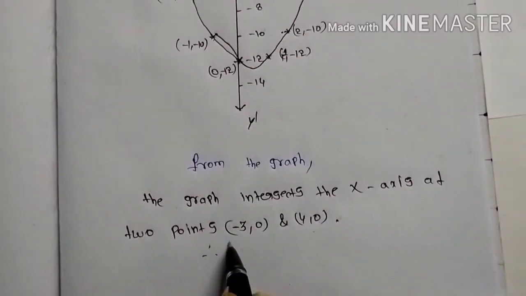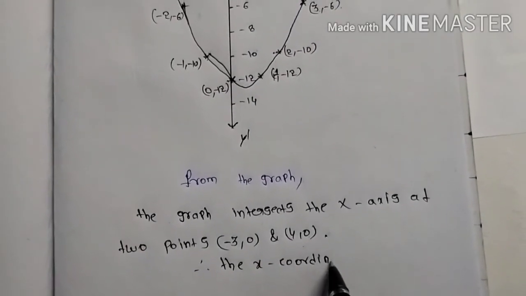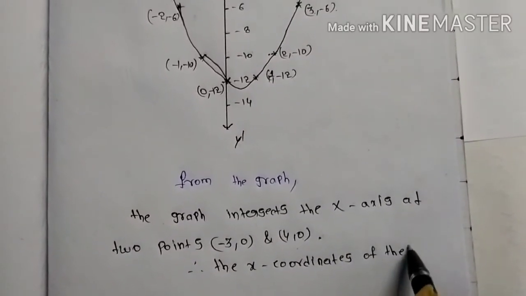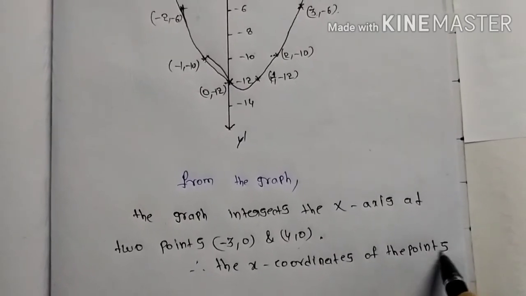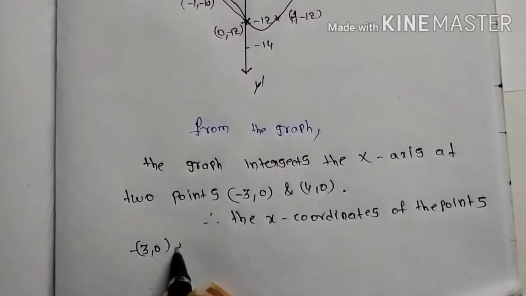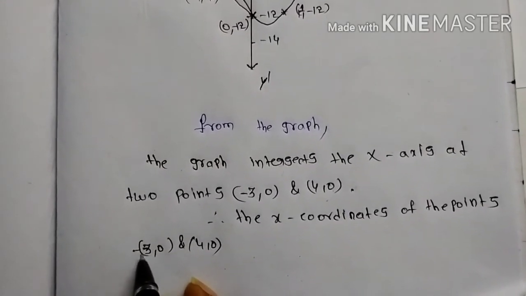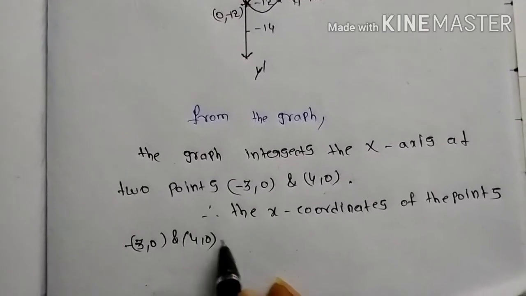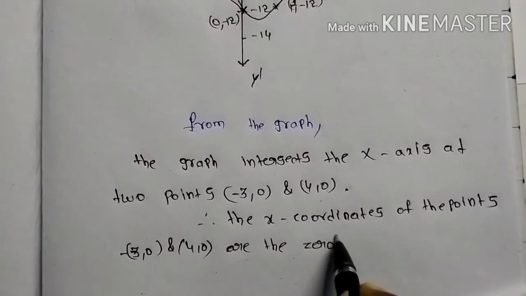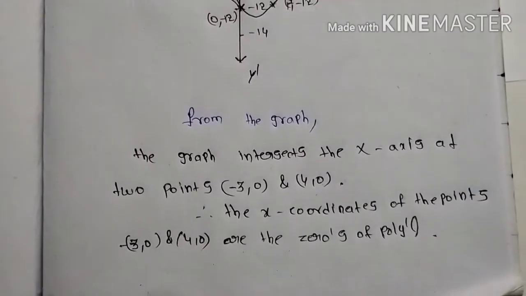Therefore, the x coordinates of the points minus 3 comma 0 and 4 comma 0 are the zeros of the polynomial.